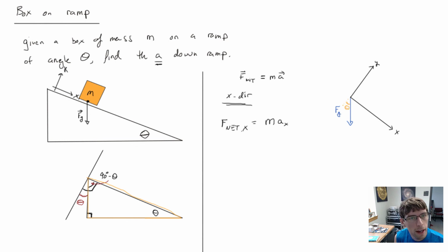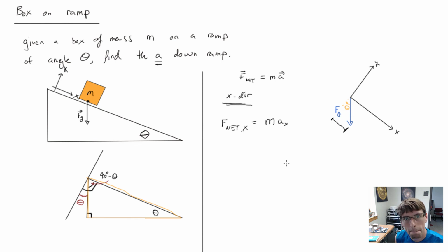So if I have the hypotenuse of the triangle right here, Fg, and I know that this angle is theta, how do I get this piece that's in the x direction?